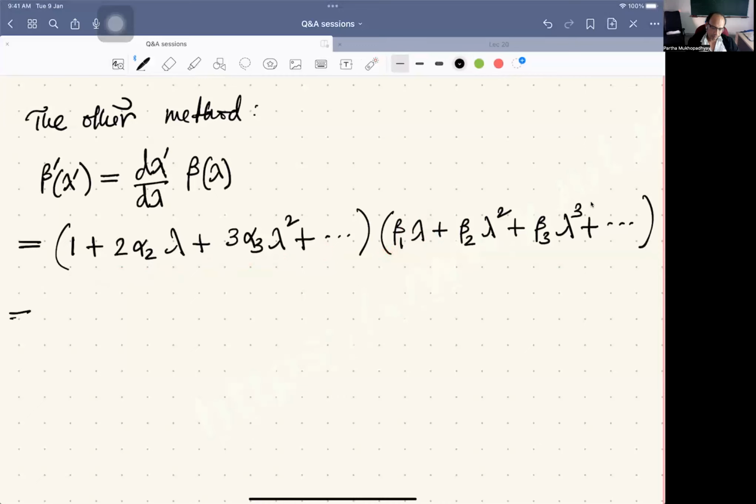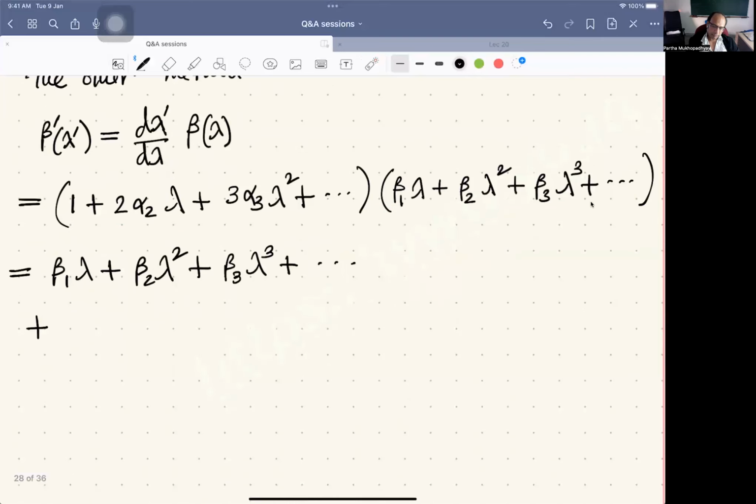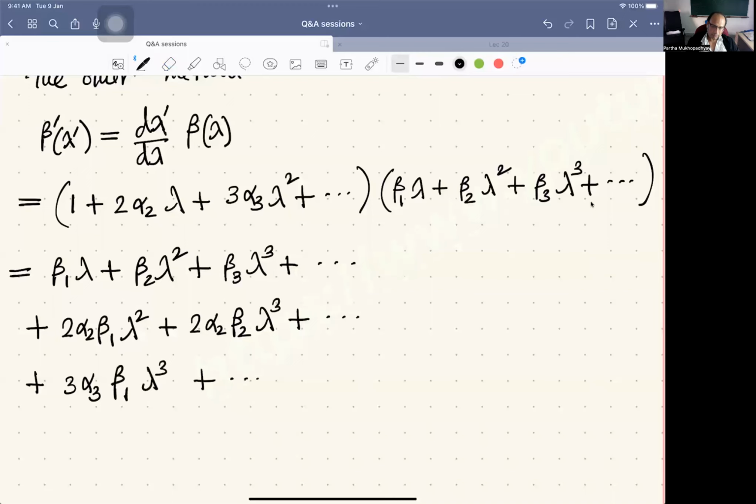So now you write them as beta 1 lambda, beta 2 lambda square. The first term, 1 multiplying the second series, is this, and then the second term multiplying the series will be 2 alpha 2 beta 1 lambda square plus 2 alpha 2 beta 2 lambda cube, and so on, and 3 alpha 3 beta 1 lambda cube, and so on.